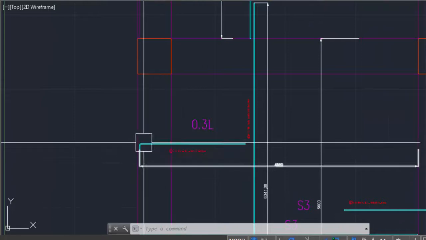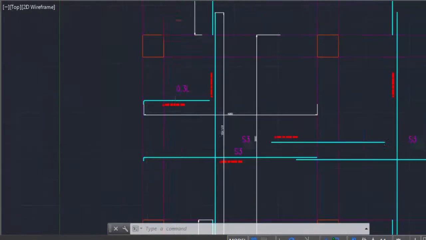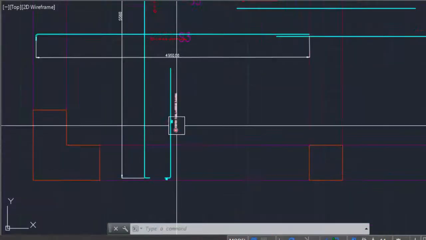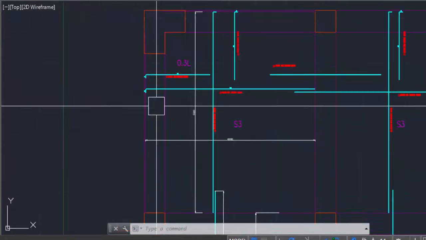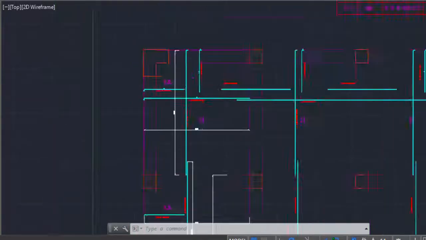So in this case this is coming like this to the outer direction. Again we use this bar, again we use this bar, and here we use this bar again. Okay, so wherever there is an outer edge, we need to use this detail.